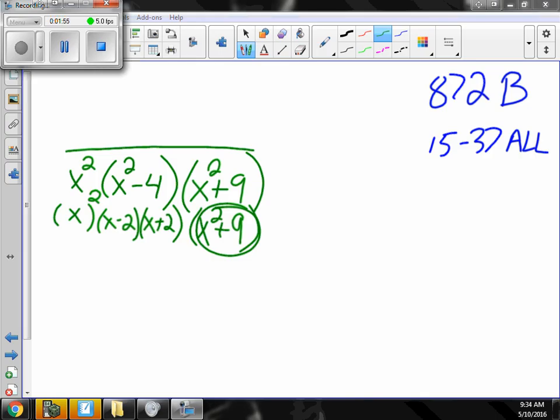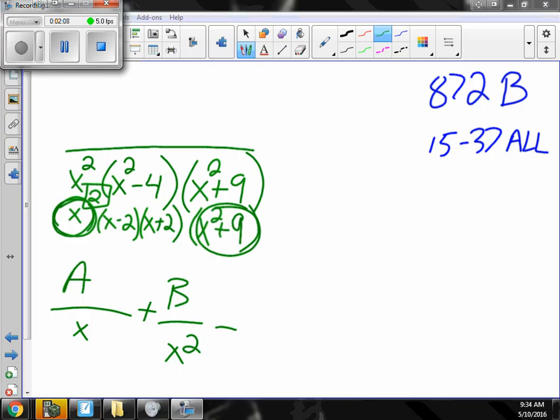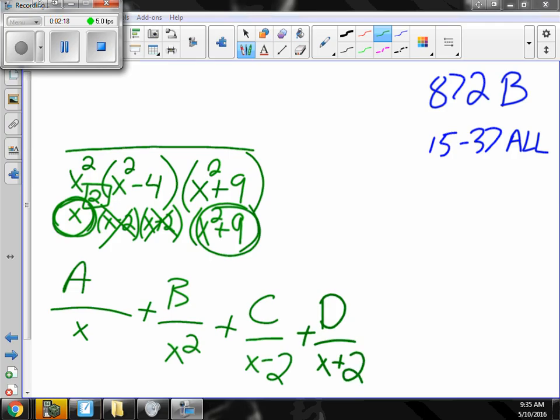So we need to do A over x, so I took care of this, but I also have a squared copy, so it would be B over x squared, plus C over x minus 2, takes care of this one, and then D over x plus 2, and then this is an irreducible quadratic, so it's x squared plus 9, but the numerator has to be 1 degree less.